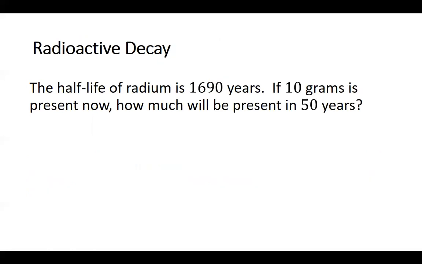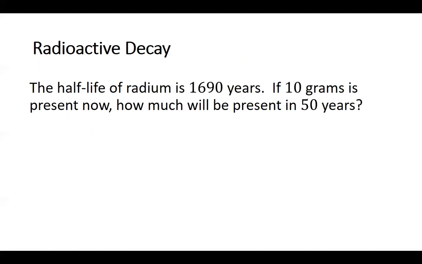The half-life of radium is 1,690 years. If 10 grams is present now, how much will be present in 50 years? Okay, let me just explain half-life to you. The half-life of something, such as radium, is the amount of time that it takes for half of the material to disappear or go away.